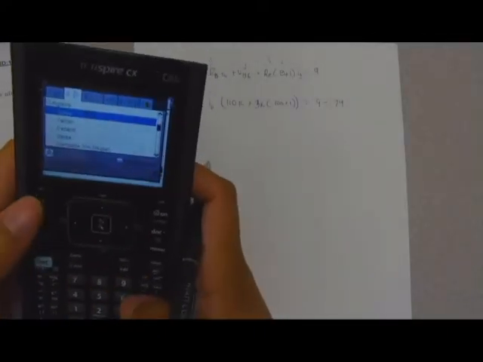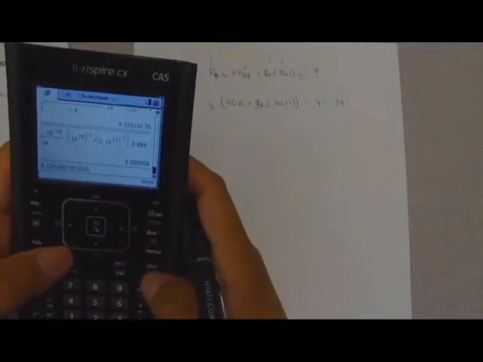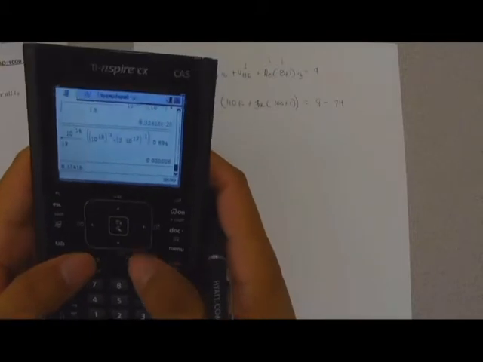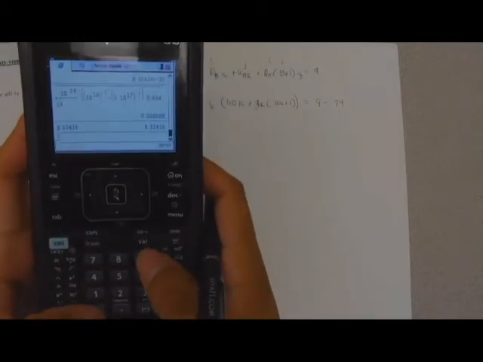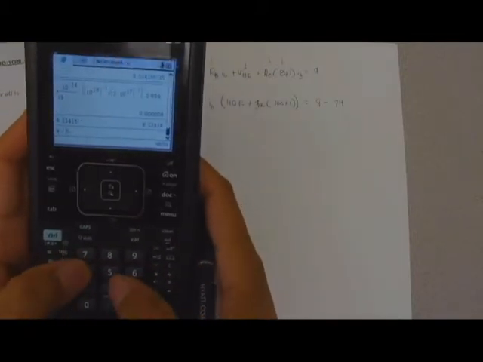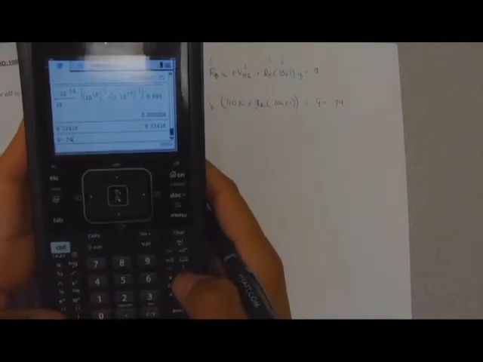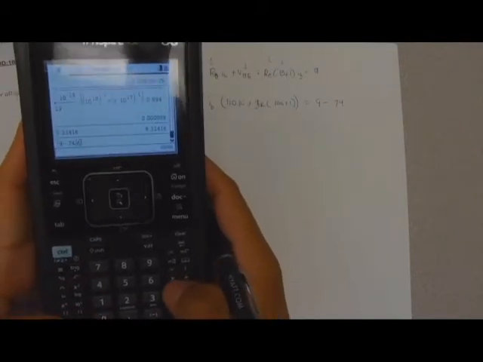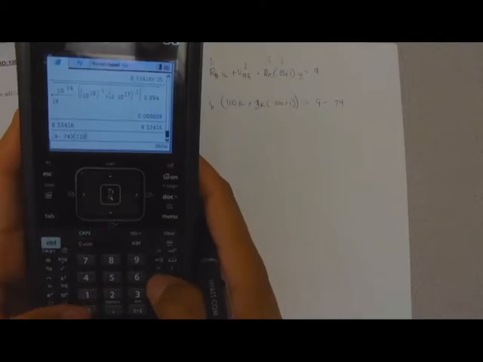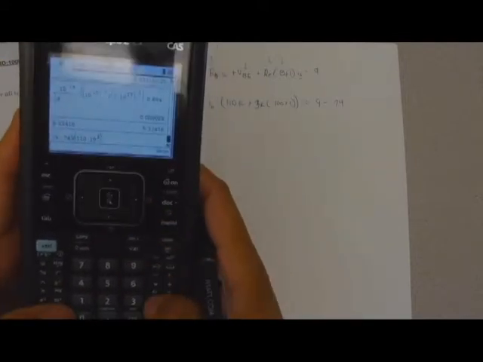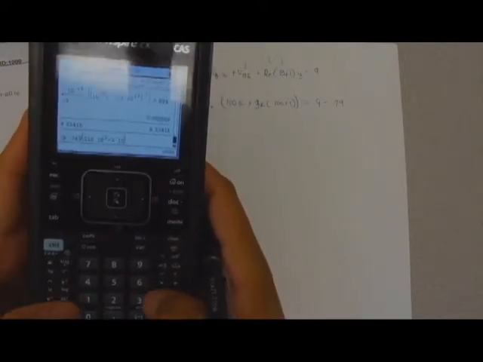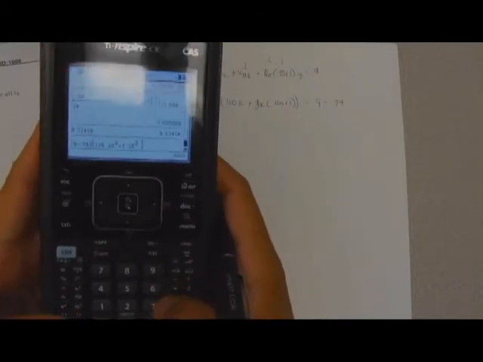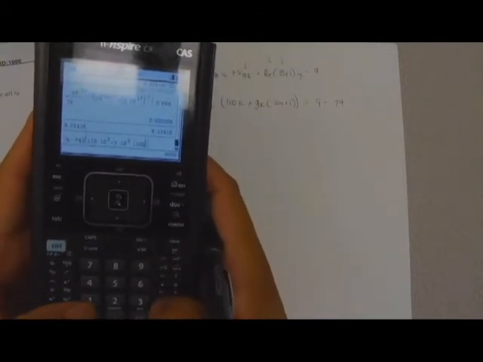And so then plugging this into the calculator, we have 9 minus 0.74 divided by 110 times 10 to the third plus 3 times 10 to the third times 100 plus 1.